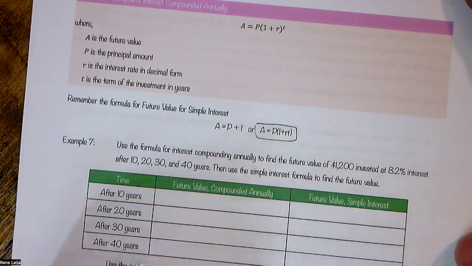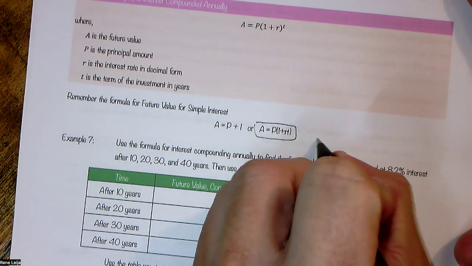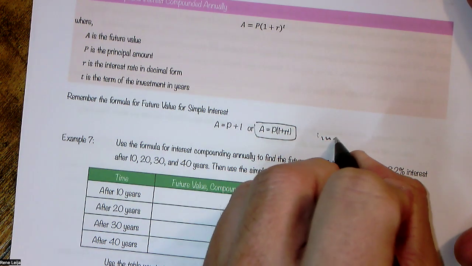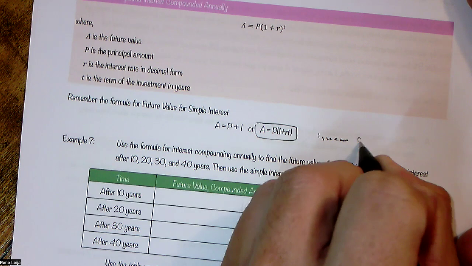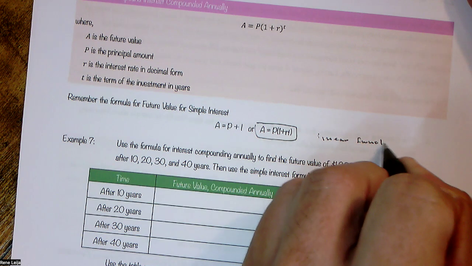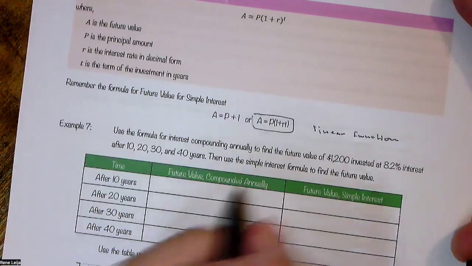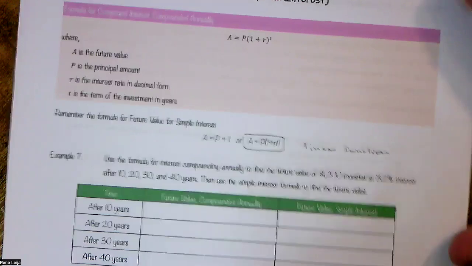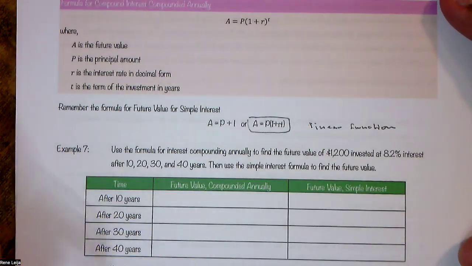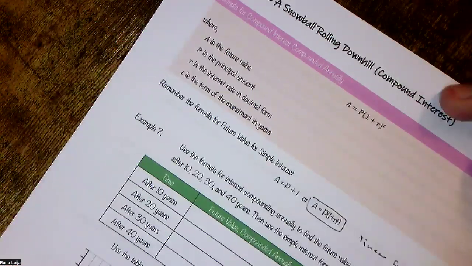So simple interest is a linear function. That means it's going to give us a graph of a linear equation. So it would look something like this.